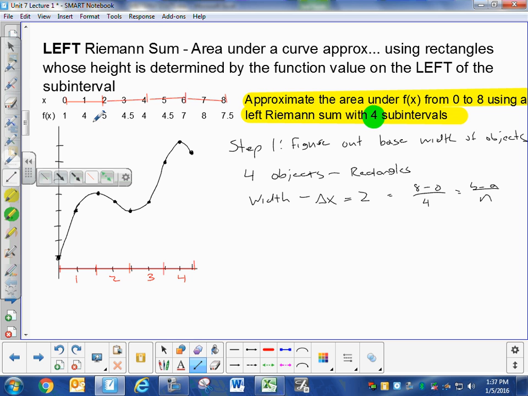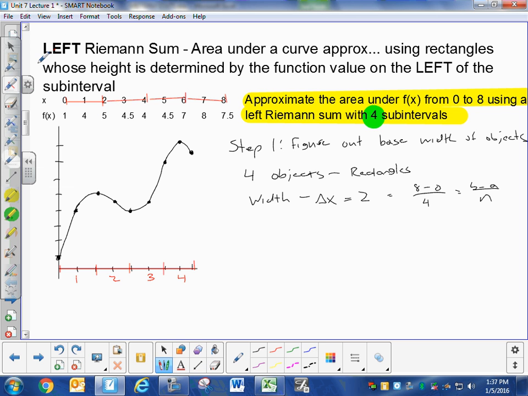Now, the heights of my rectangles, since they are left rectangles, are going to be specific. The height is going to be determined by the function value on the left of the subinterval. Okay? What does that mean? Well, let's take rectangle number 2. Here is the base of a rectangle, the base of my subinterval.